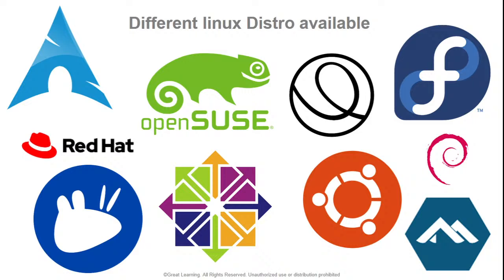And you have Elementary, Debian, Arch Linux, OpenSUSE, Alpine, Fedora, and different versions of Ubuntu. So you have a lot of different choices to choose what kind of operating system you want to use. All of them have Linux as the base kernel, but they have made their own changes within it and added more packages to it.